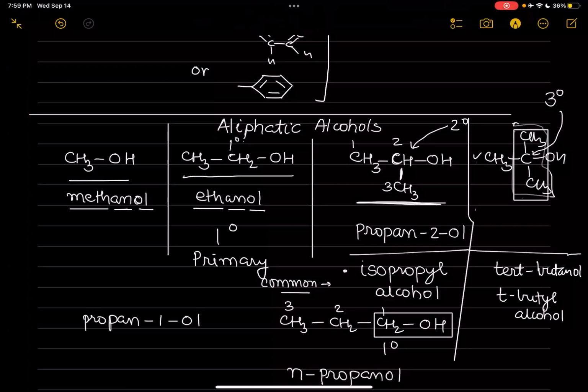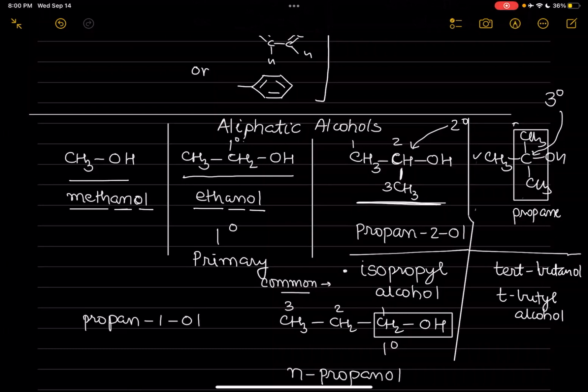That is propane, because there is no double bond. And what about the ol? Because the ol is starting with a vowel, I will remove the E. But where is the OH? Is it on the first carbon, the second carbon, or the third carbon?